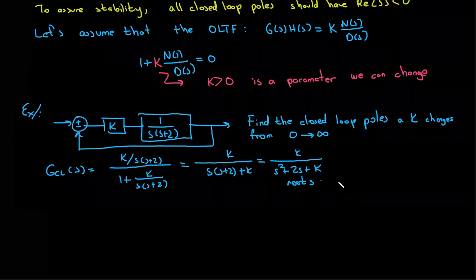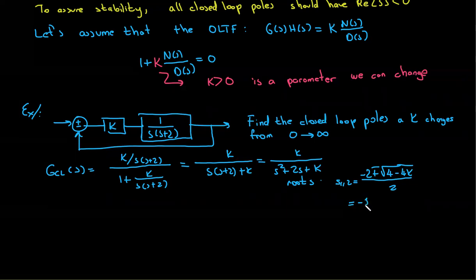Okay, let's try to find the closed loop poles by finding the roots of the denominator over here. And what are the root locations? So S1,2 in this case is equal to -2 plus minus square root of 4 minus 4K divided by 2. And that is simply equal to -1 plus minus square root of 1 minus K. Okay, so we managed to find the closed loop pole locations.